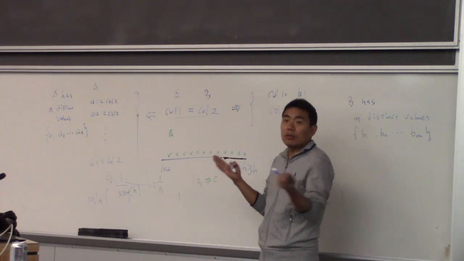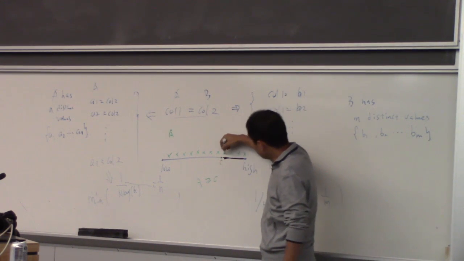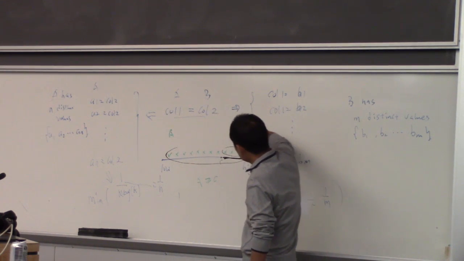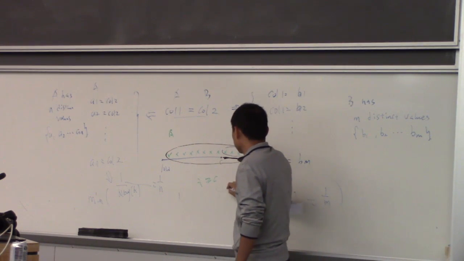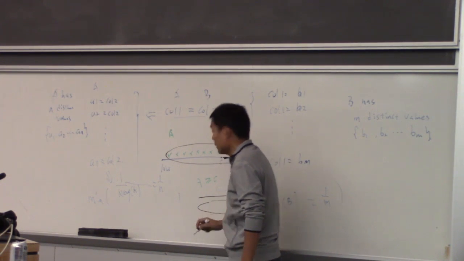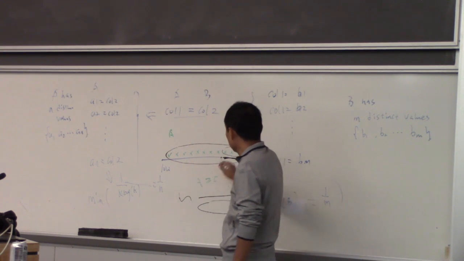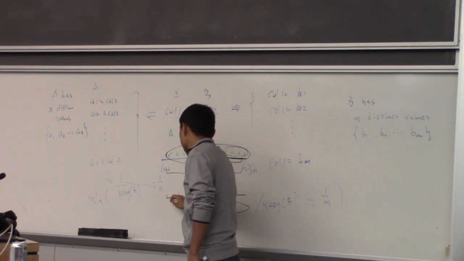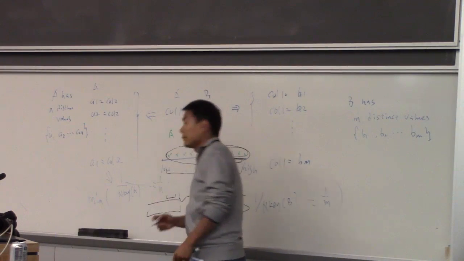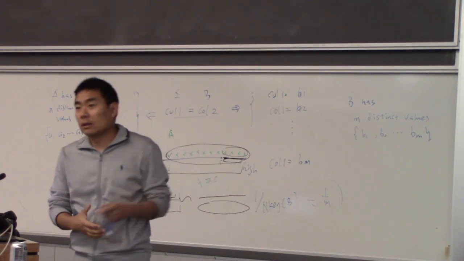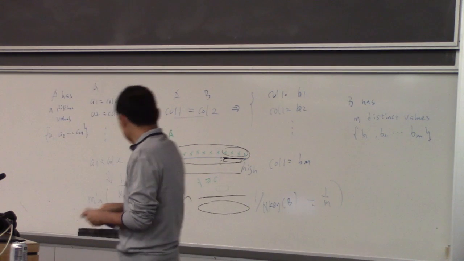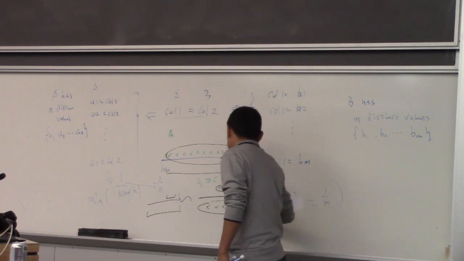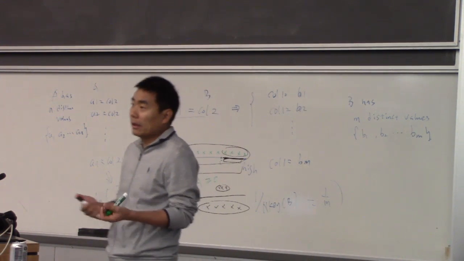Since you have assumed uniform distribution, the number of points in this range divided by the total number of points must be proportional to the length of this interval over the length of the entire interval. So that's essentially the idea we have here.